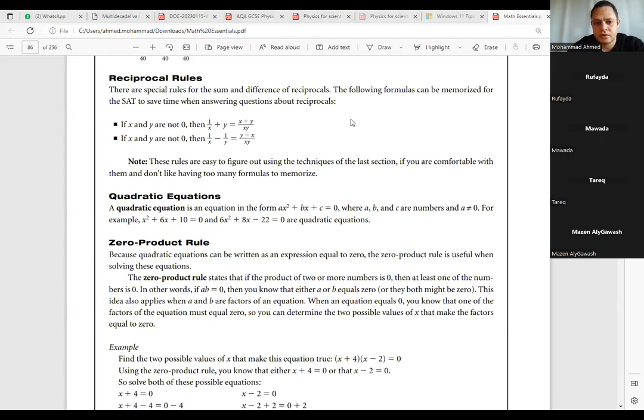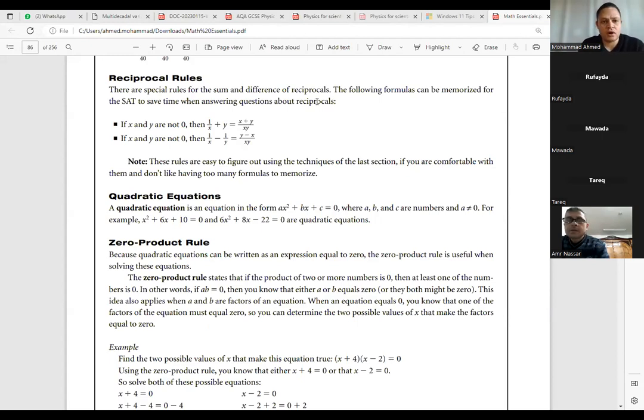Yes, we started. This is SAT. So the following formulas can be used for solving the reciprocals.